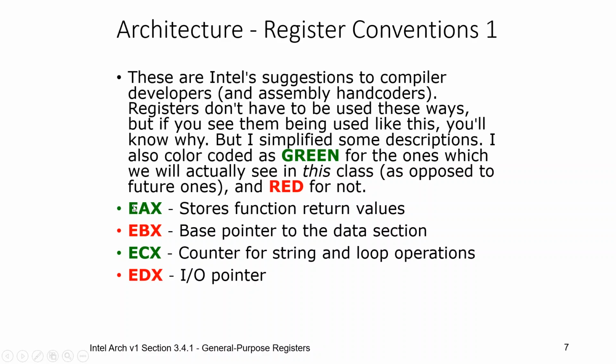You may see accumulator register, base register, counter register. So you can see what E is. E stands for extended. We need to know some theory before we go on. The CPU works in two modes: one is real mode and another is protected mode. In real mode, any processor will work on 16-bit only.